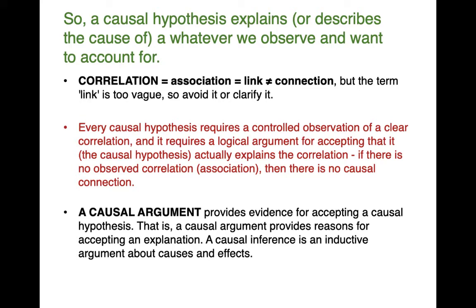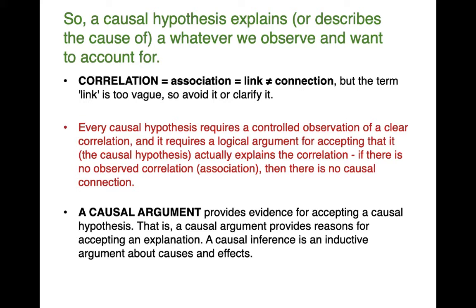So let's calibrate the language a little bit. We're familiar with the term correlation, and correlation is equivalent to the term association, which is equivalent to the term link. So you can use correlation, association, link interchangeably, at least scientists do. But none of those terms implies or is equivalent to the term connection.